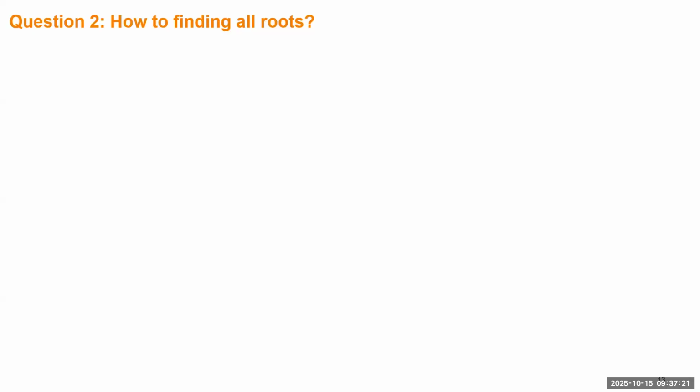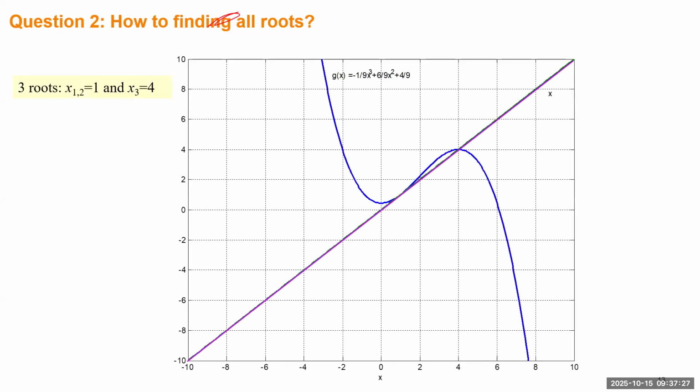Okay, second question: how to find all roots? It's a typo. Let's visualize this function in a bigger picture. It has one root at 4.0, which is the one we just found.